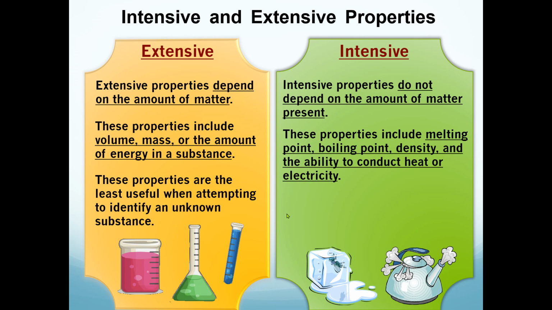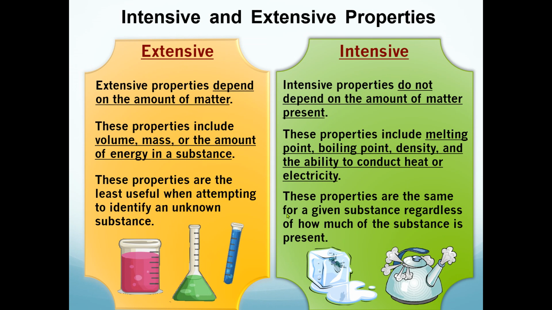And is it able to conduct heat or electricity? Well, it can conduct electricity, but it can't conduct heat. But that's with all H2O. And it doesn't matter if I have 100 grams of it or if I have 1,000,000 grams of it. It can still either conduct electricity or not. It can conduct heat or not.